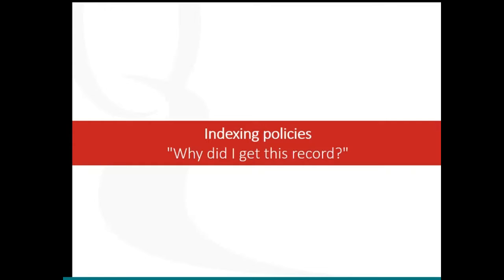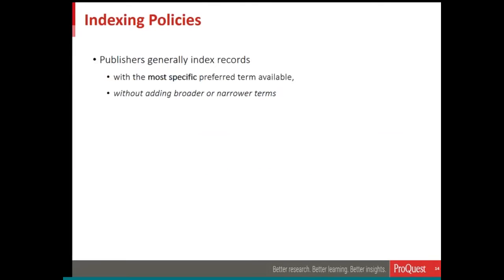Now, taking a step back with the thesaurus, it has a certain structure in the way that items are indexed, and it has a very specific policy. I think it's worth we spend a moment to look at that, as it will help you understand why I got this particular record. So publishers generally index all their records with the most specific preferred term that they have available.